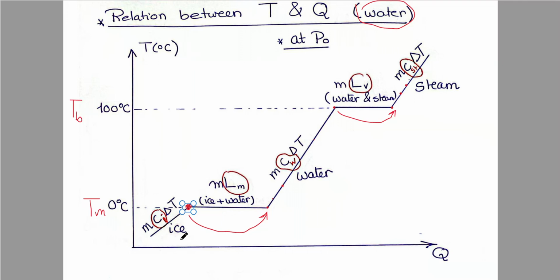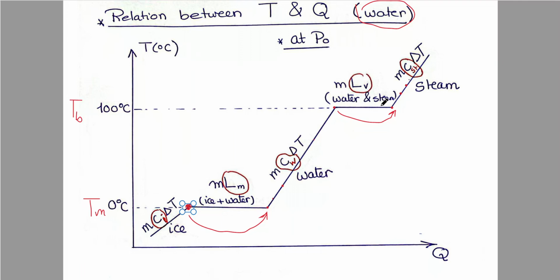So we have three phases of the matter: ice, water, and steam. When changing from ice to water, the temperature is constant, and we are using the latent heat as we explained before, m Lm. When you are changing from water to steam, you are using the latent heat of vaporization, m Lv.